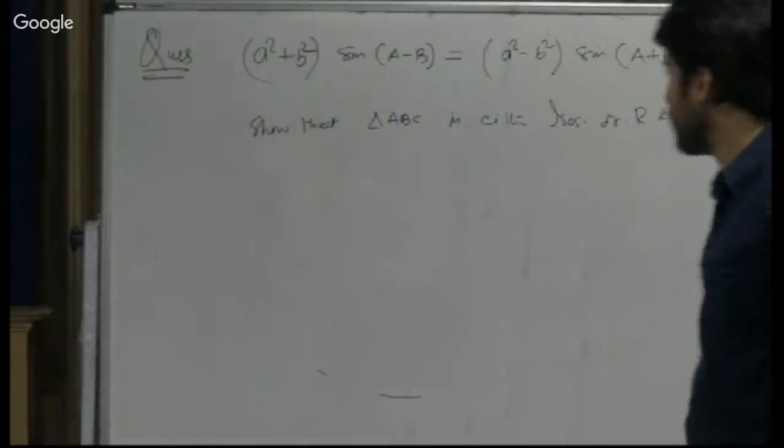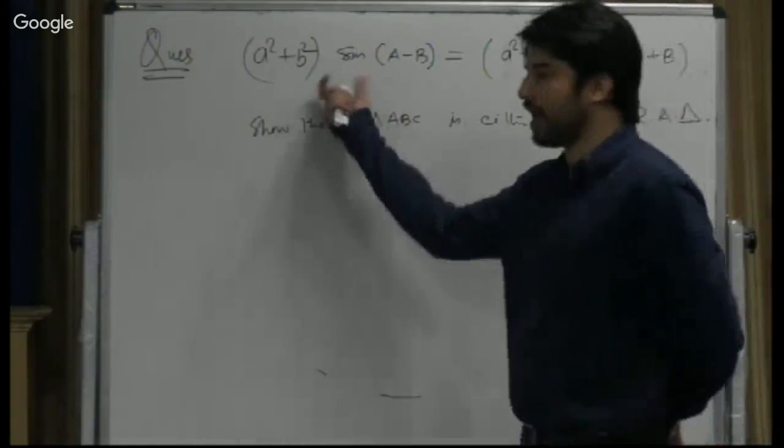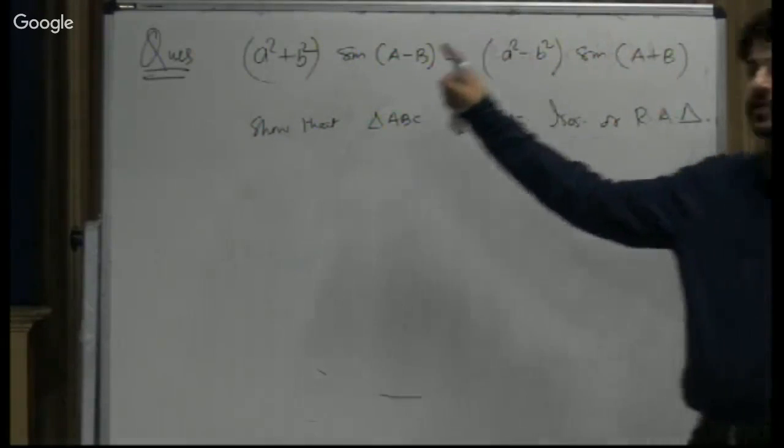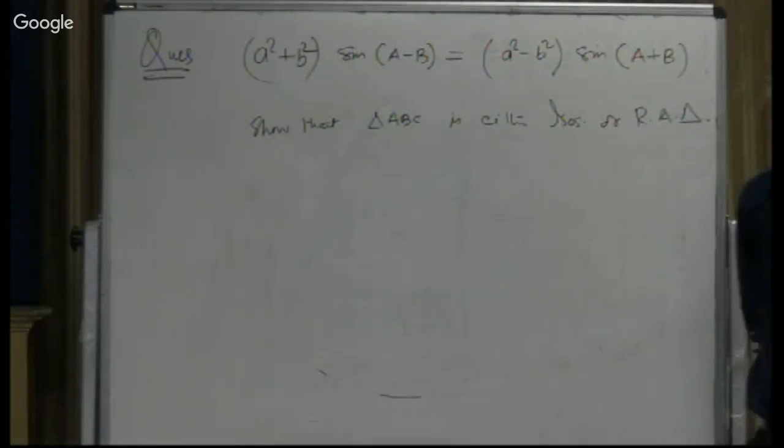Now, since on the left hand side I have sides and angle combination, again on the right side I have sides and angle combination, so I can get rid of my sides.